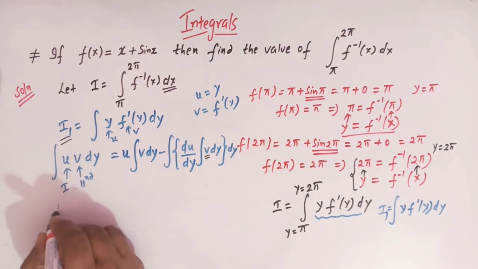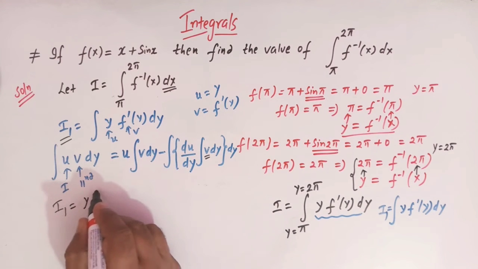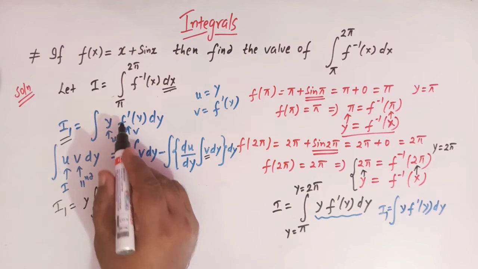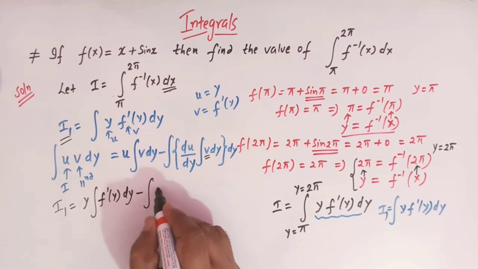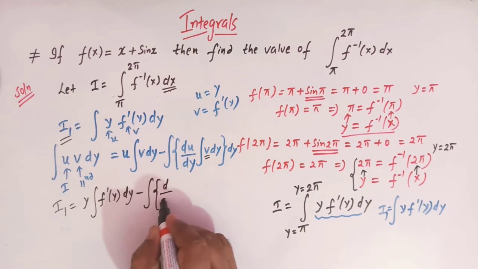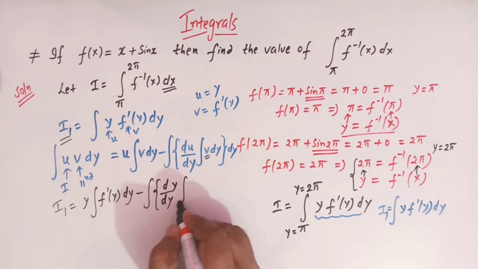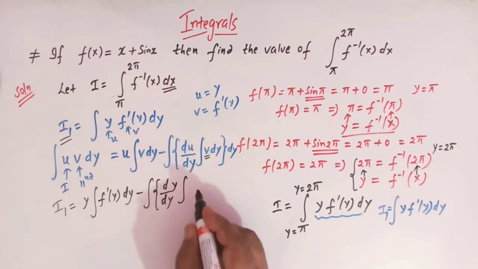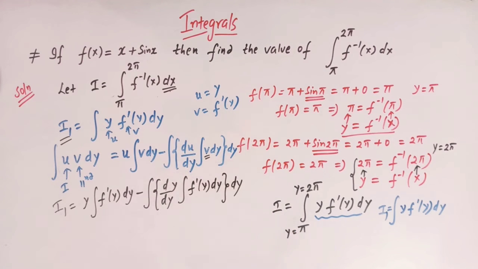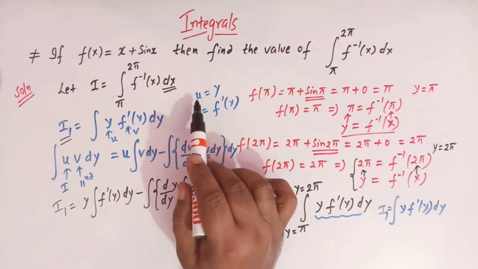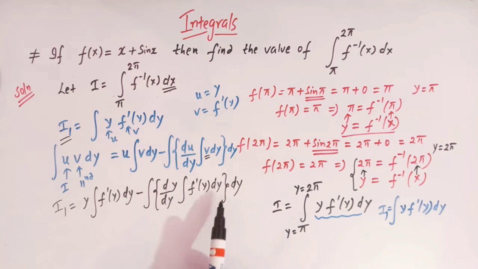So now I1 is equal to u is y, then integral of v, that is f prime of y dy, minus integral of the derivative of u, and u is y, so here we'll have y, then integral of v, and v is f prime of y and dy, and here we'll have dy, right? So we have substituted the values of u and v in this formula, and we have got this expression, right?